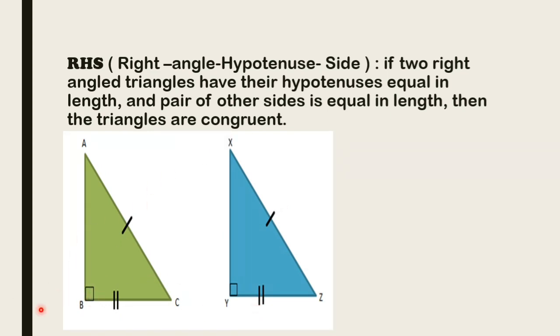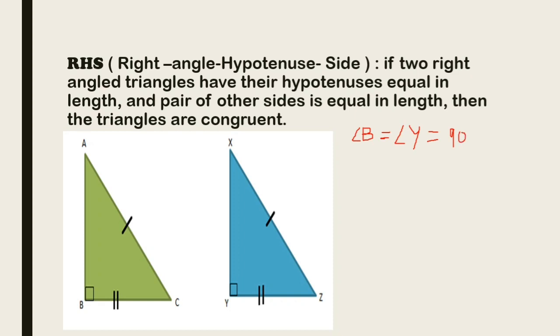For example, here let's write in triangle ABC, angle B, this is the condition given, and it must be there to prove that these two right angle triangles are congruent. Angle B is equal to angle Y, that is 90 degrees.